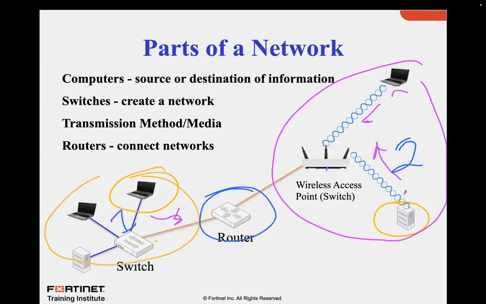They can't talk directly to each other unless they go through a router. Routers connect networks. Switches create the networks. So to start with, I'd like you to have the simple definitions. The networks are made up of computers that are the source and destination of the information, switches that create networks, transmission media, where the ones and zeros move across, and routers that connect different networks.